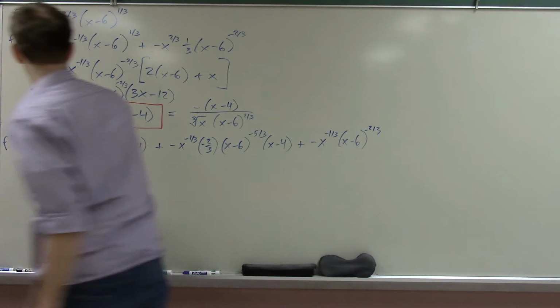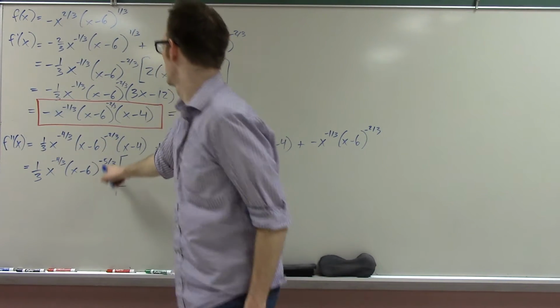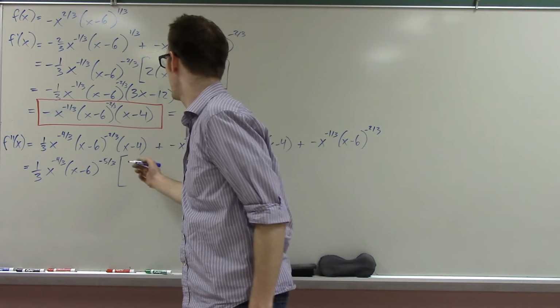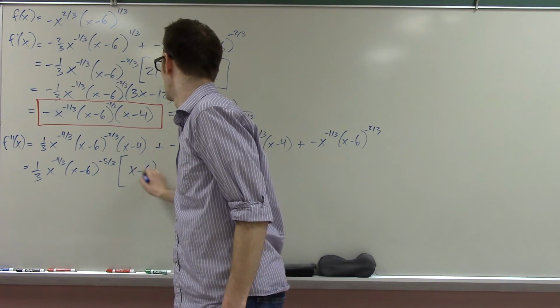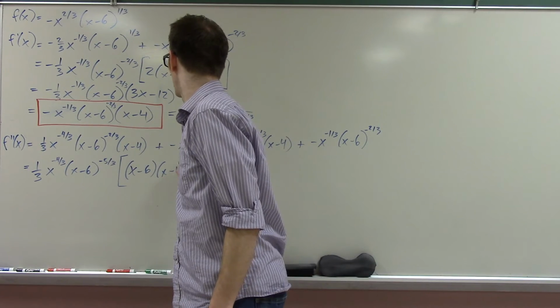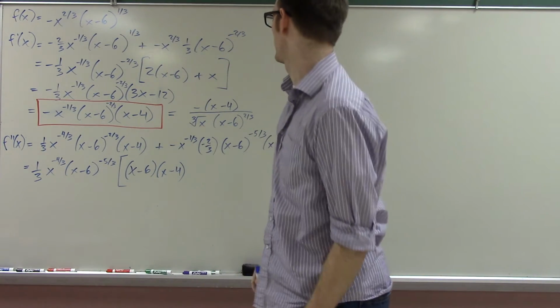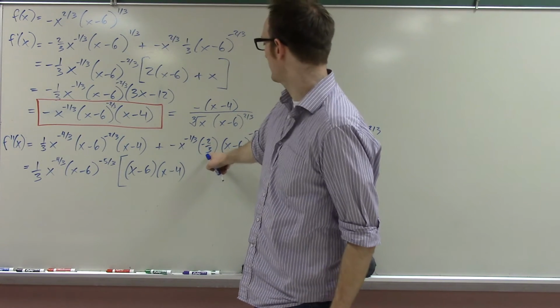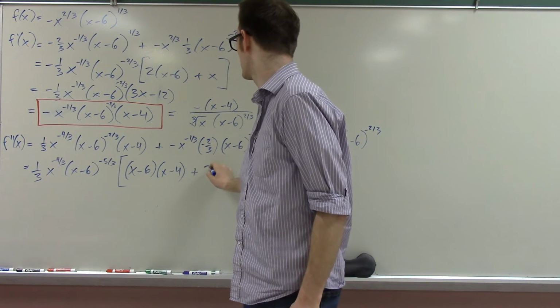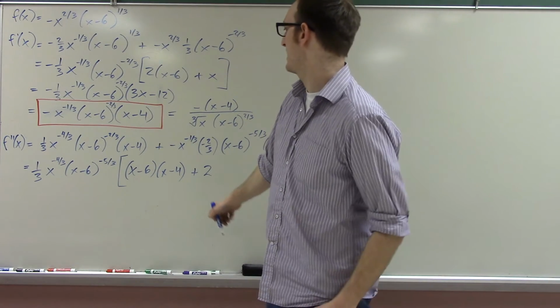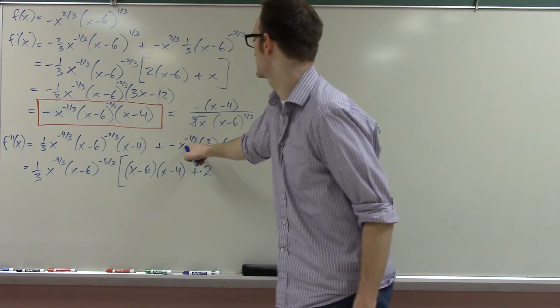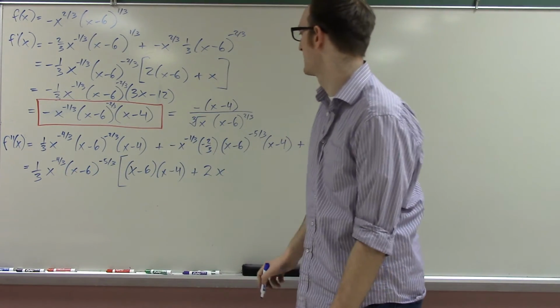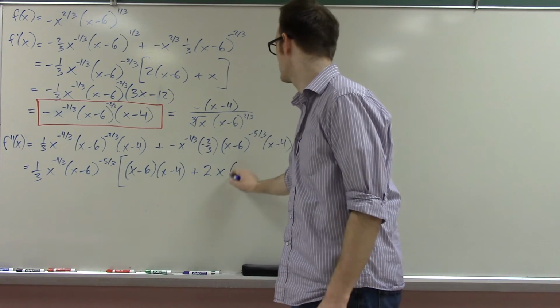Well, I took out the 1/3, so I need an x minus 6 to the 1 times an x minus 4. Over here, the negatives cancel. I took out the 3, so that's going to be plus 2. And it's x to the negative 4/3, so I need an x here.